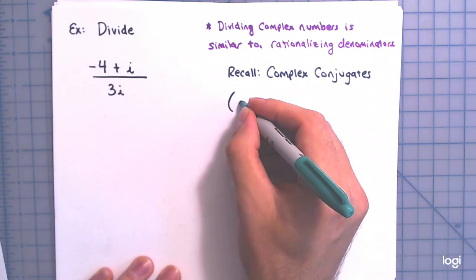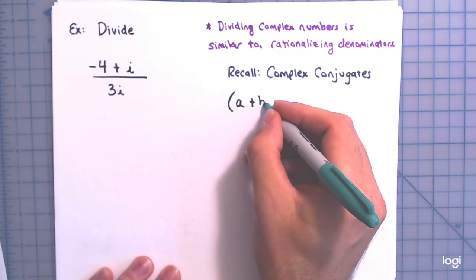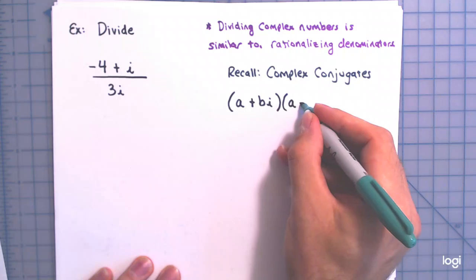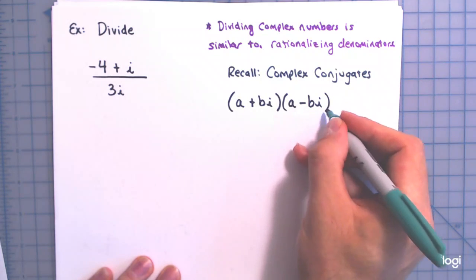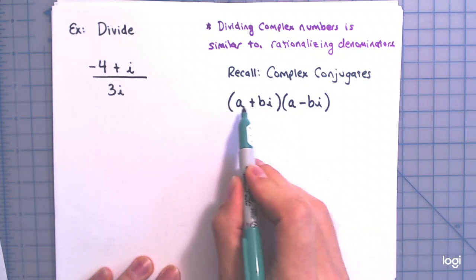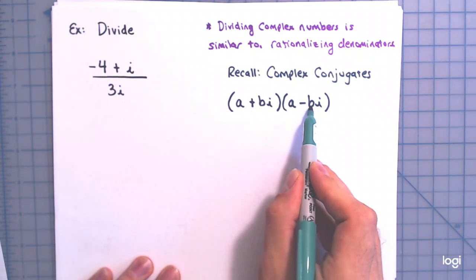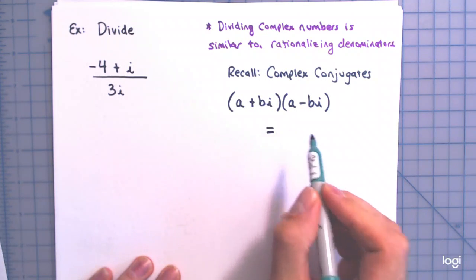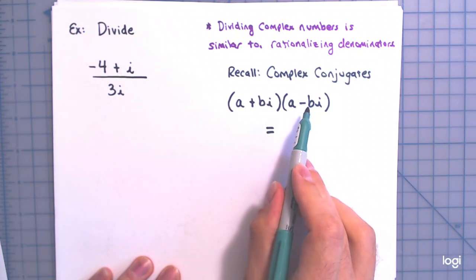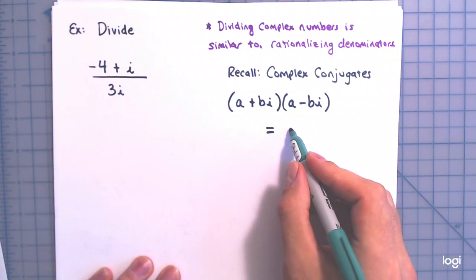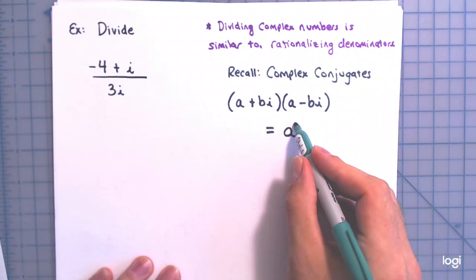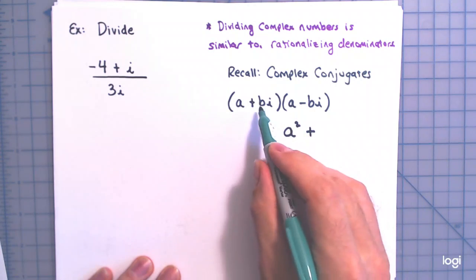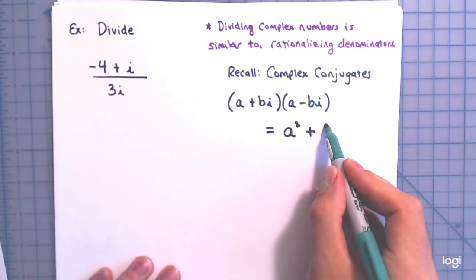So remember, when you multiply, say, a plus bi by its conjugate, a minus bi, remember, conjugates have the same real part, a, and opposite imaginary parts, b and -b. When you multiply these complex conjugates, what you end up with is the square of the real part, a squared, plus the square of the imaginary part, b squared.